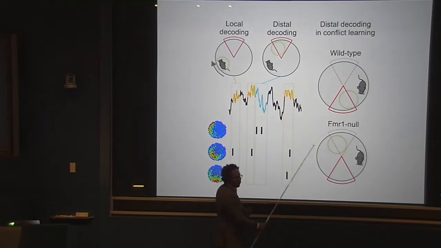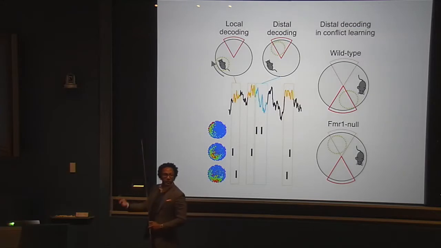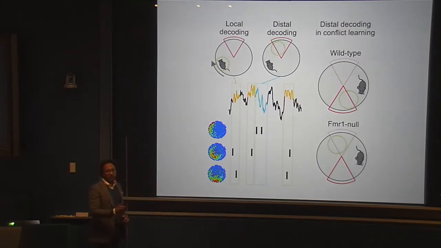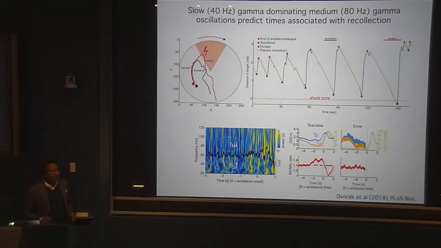However, they're going to pick the original location of shock to represent rather than the current location of shock, which is going to explain why they're inflexible in their behavior. So let me show you the evidence to make that story.